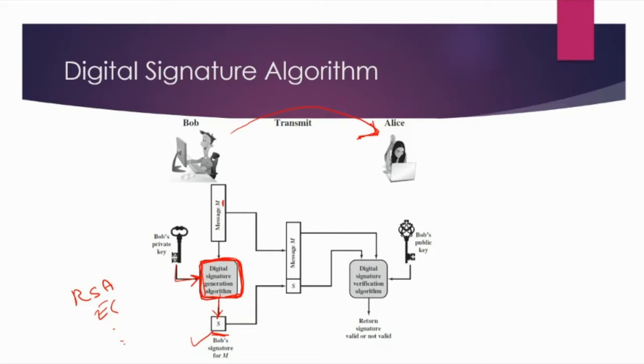At Alice's end, Alice will take the signature, decrypt it using Bob's public key, and validate whether the signature is correct or not. So this is the general DSA, a generic digital signature algorithm. You can use any algorithm in this case. The overall idea is this.